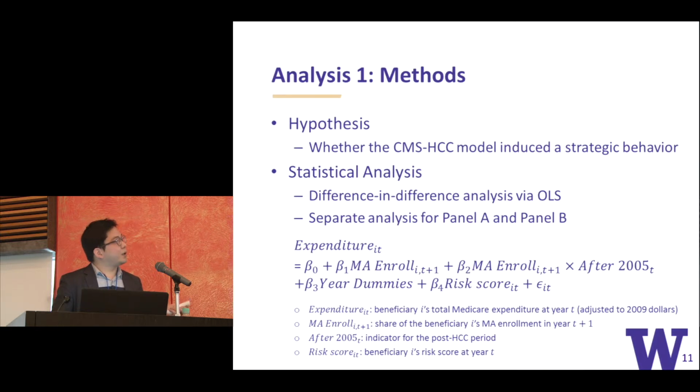And the sum of beta 1 and beta 2 tells the first year expenditure difference in the post-ACC period. So for panel B, if the sum of beta 1 and beta 2 increases, this means that risk selection for panel A increases after adopting the CMS-HCC model.